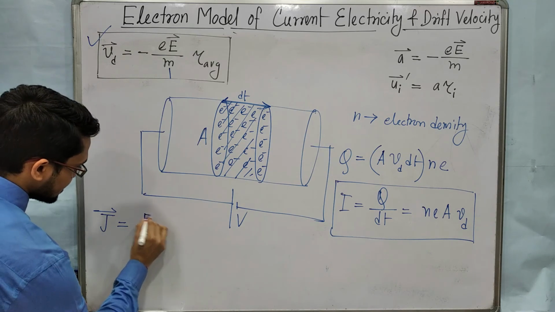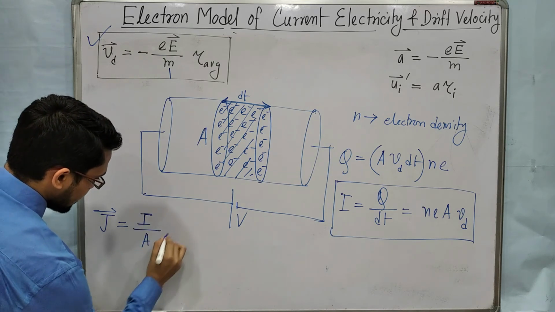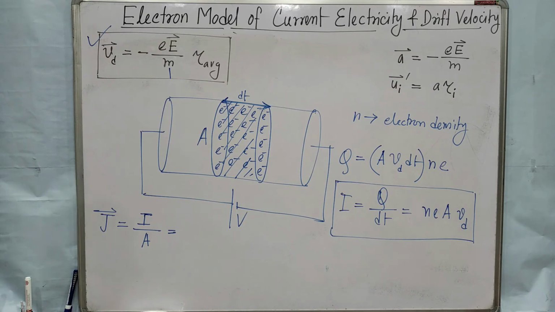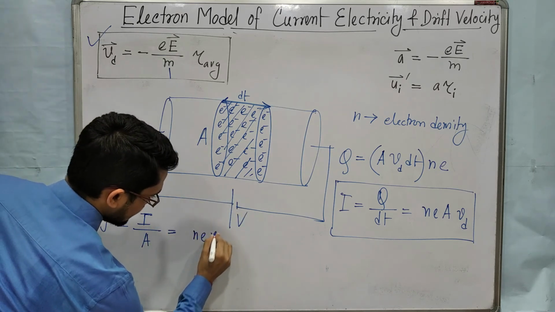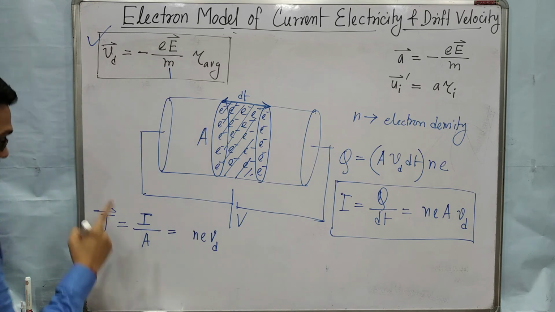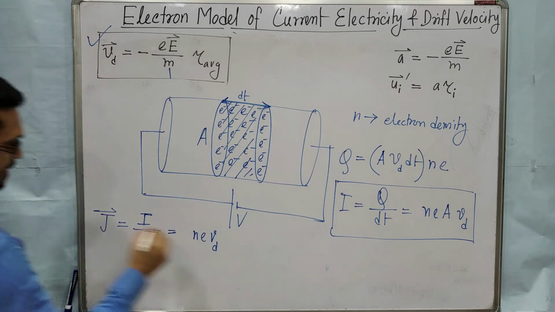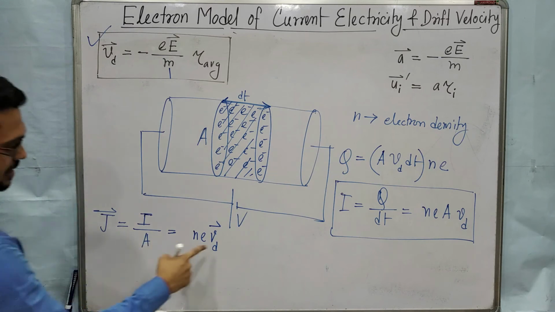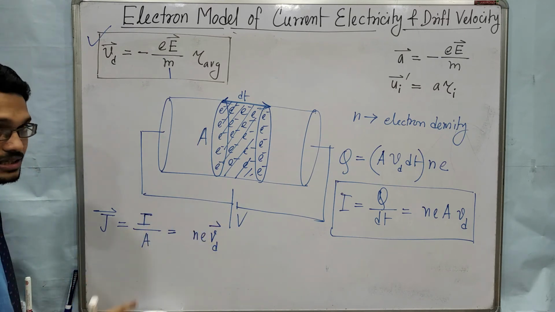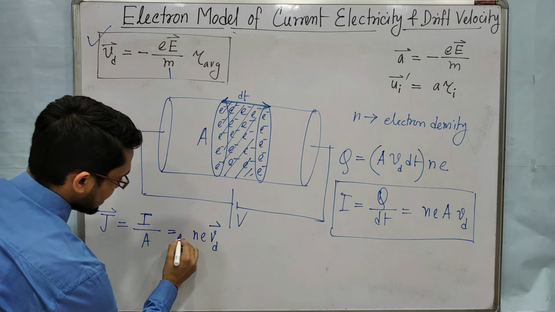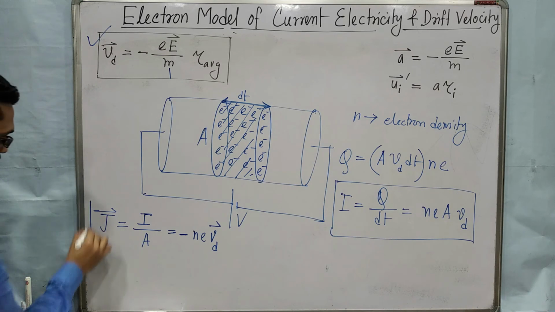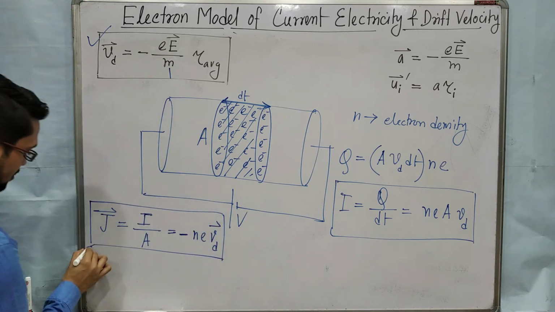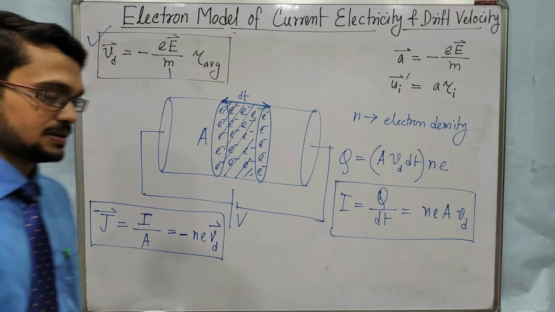Current density means current per unit area, provided that area is perpendicular to the flow of electrons. So J equal to I by A means n e Vd, but here we have to put the vector sign. J is a vector quantity, and on the right hand side Vd, drift velocity, is a vector quantity, and here we have to put a negative sign due to the charge of electron. So this is a proper representation of current density in terms of drift velocity.